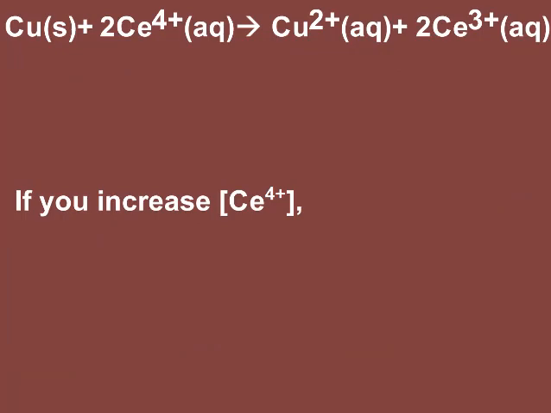Here we have our reaction, and it says if we increase cerium plus 4. So this one's 1 molarity, this one's 1 molarity. And if we increase this one to, let's say, 3 molarity, we would have 1 over 3 squared versus 1 over 1 being 1.